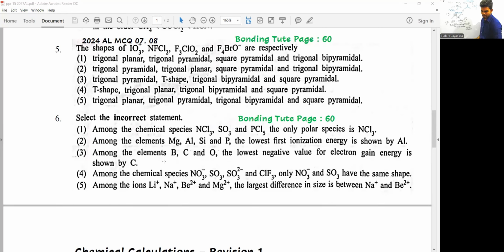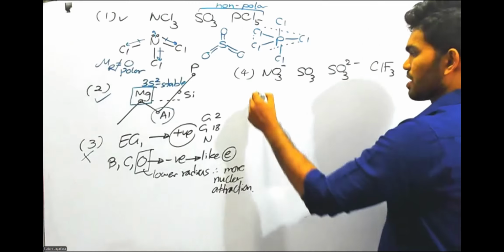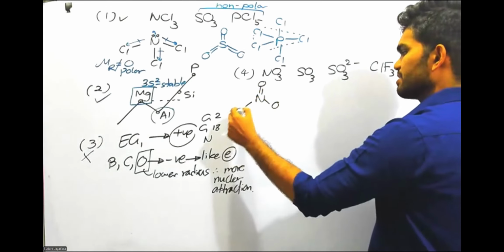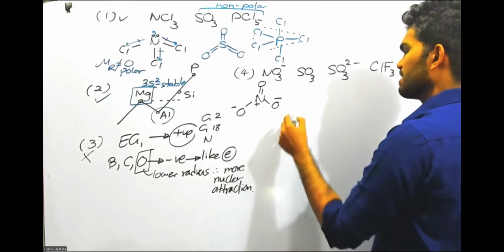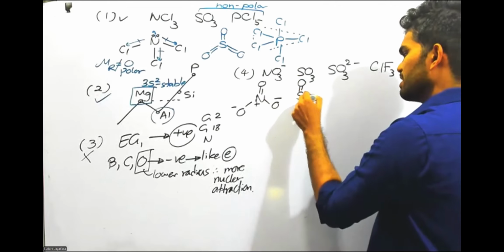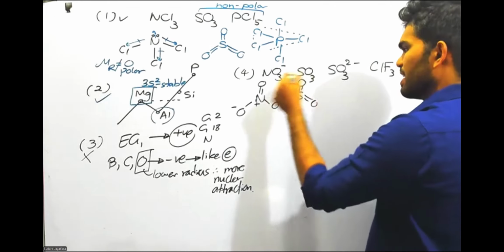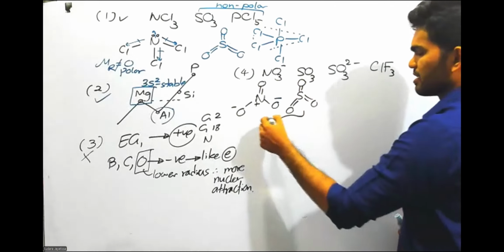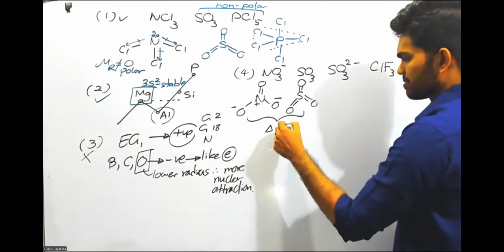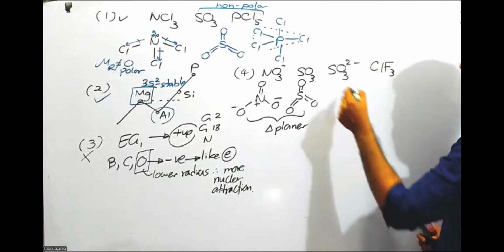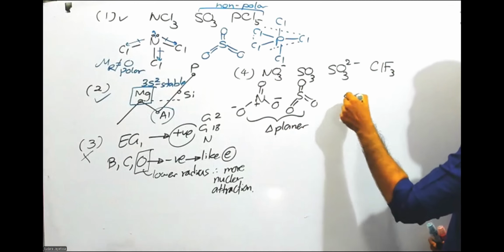Okay. So look at the fourth one. Chemical species NO3 minus, SO3 and SO3 2 minus, ClF3. Yeah, there are four. NO3 minus, this one, trigonal planar. SO3 also trigonal planar. So they have equal shapes. Trigonal planar. Take this one, SO3 2 minus.